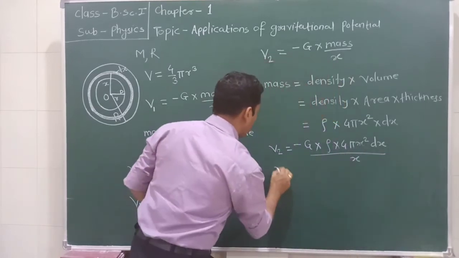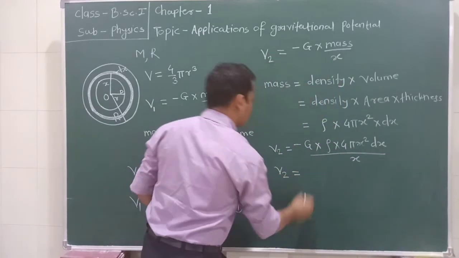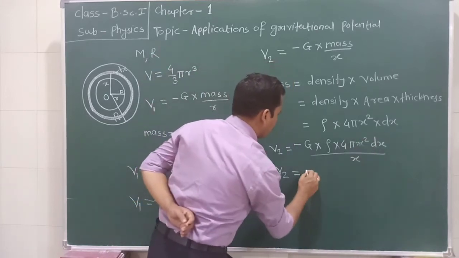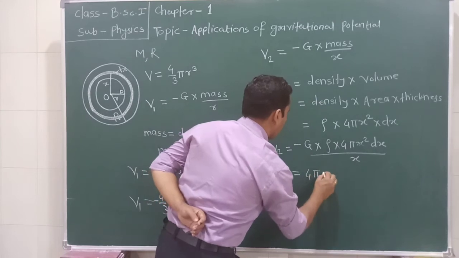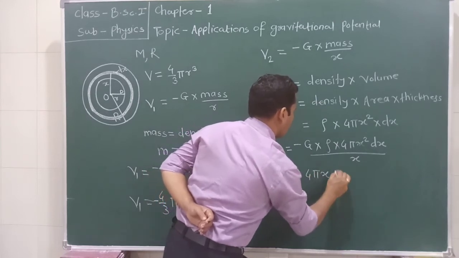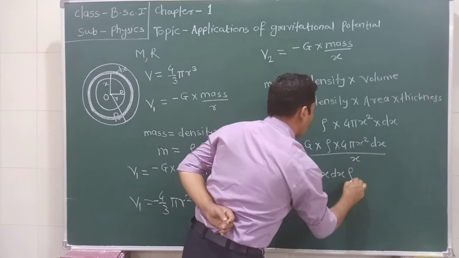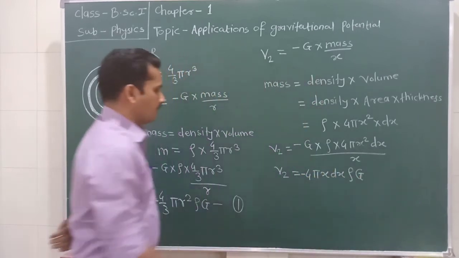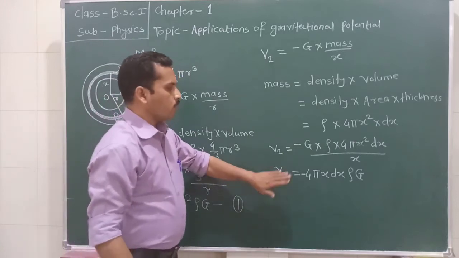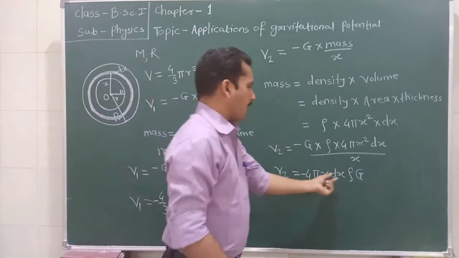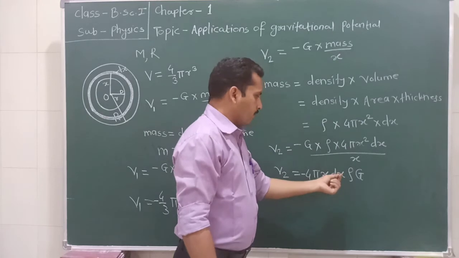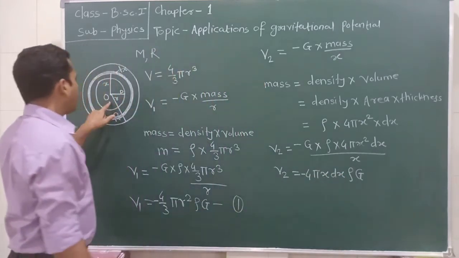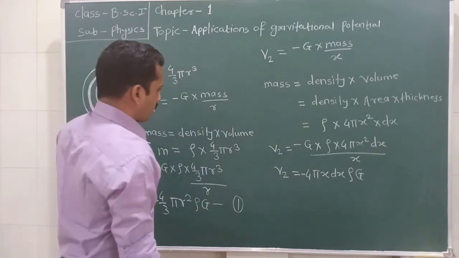So we get V2, where x and x get cancelled, equal to minus 4 pi x dx rho into G. This is the potential due to a single shell having thickness dx, which is situated at a distance x from the center of this solid sphere.